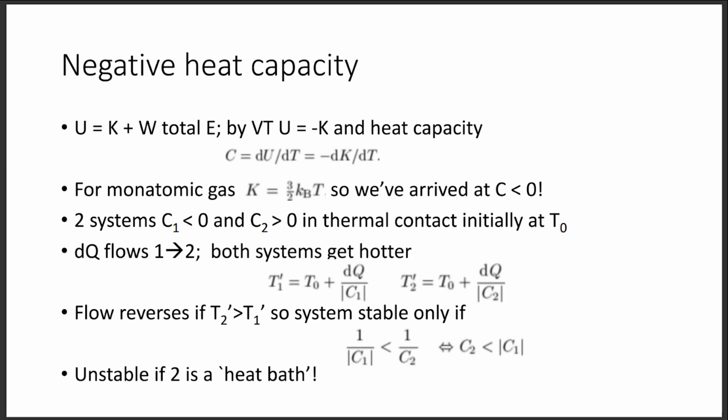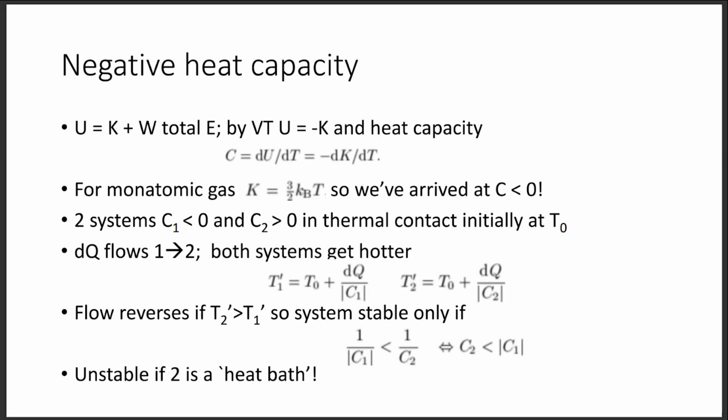Now, if I take a system with positive specific heat C2, and I put it into thermal contact with one which has a negative specific heat C1, something interesting will happen. Initially, they're at the same temperature, but if an amount of heat dq flows from 1 to 2, then both systems get hotter. One gets hotter because it has negative specific heat, and I took heat out, so the temperature went up.